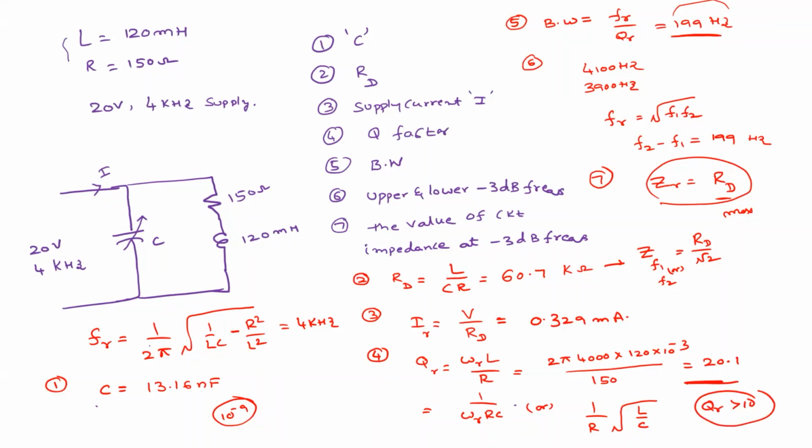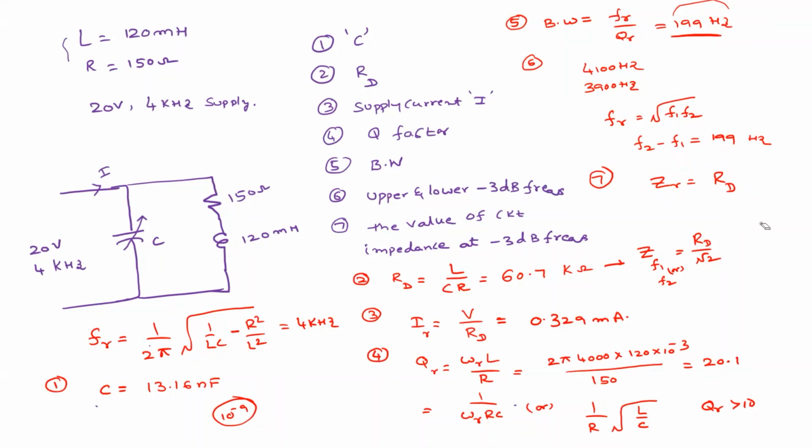If the QR value is, for example, 1.5 or 1.2, then our prediction may be wrong. In that case we need to calculate exactly. When QR is greater than 10, these values are more or less equally placed. Okay, sir. Got it.